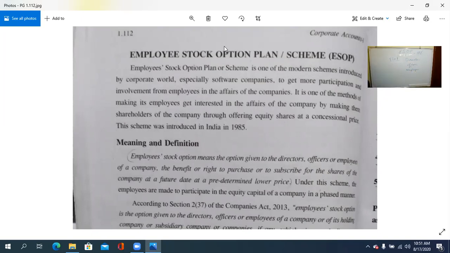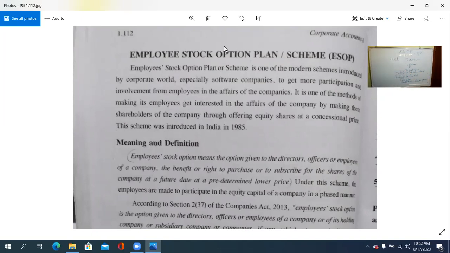For what purpose? The benefit is the right to purchase shares, or to subscribe to the shares of the company at a future date with a predetermined lower price.